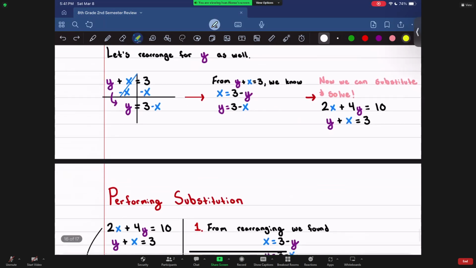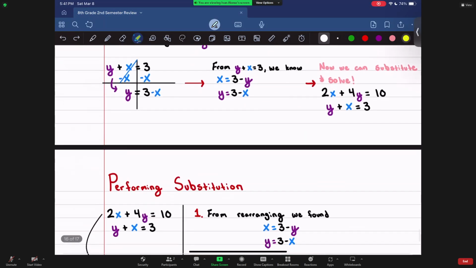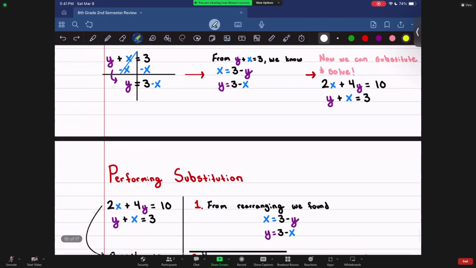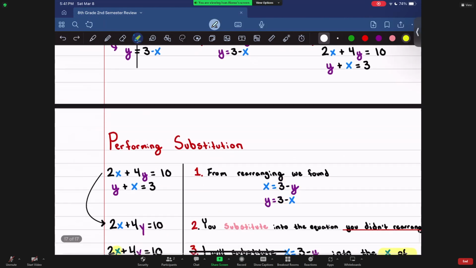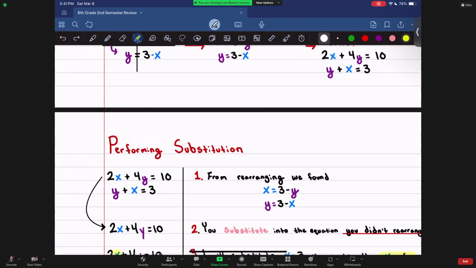So we're going to move on to performing substitution, okay? So the first step is to rearrange, and we just did that, okay? So when you see this solution right here, we rearrange to find these two variables. Next, you can substitute into the equation you didn't rearrange. So what I mean by that is I'm going to number these real quick.